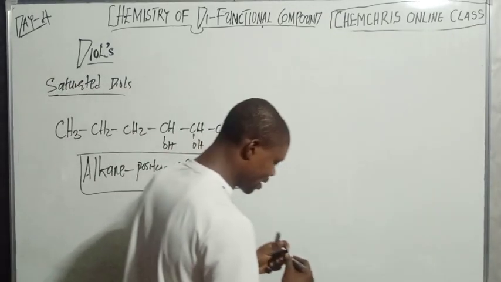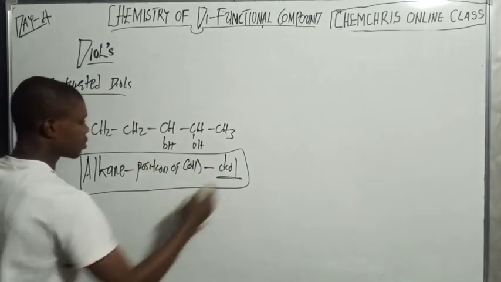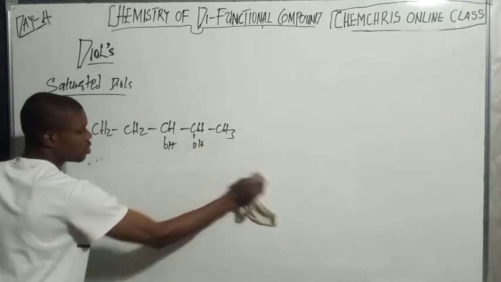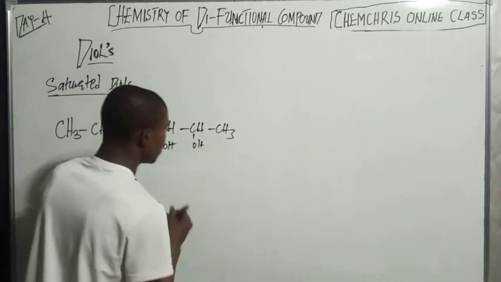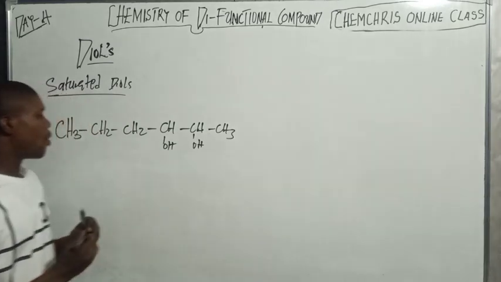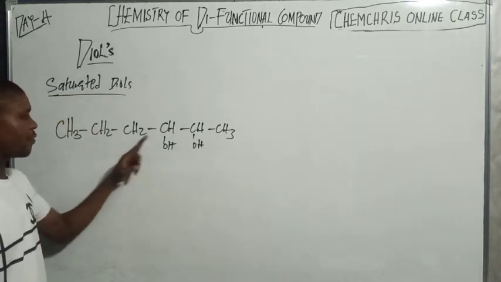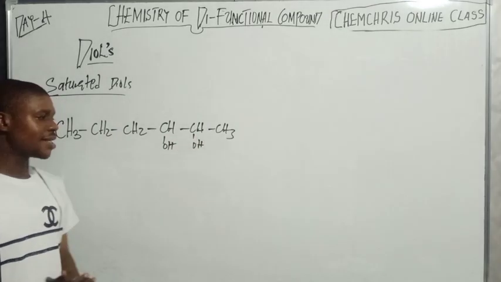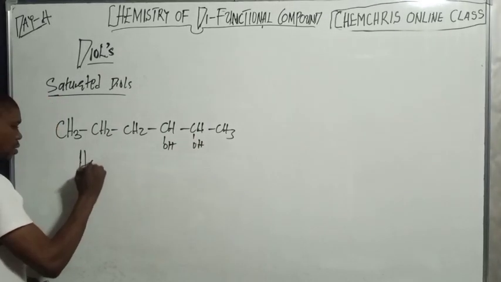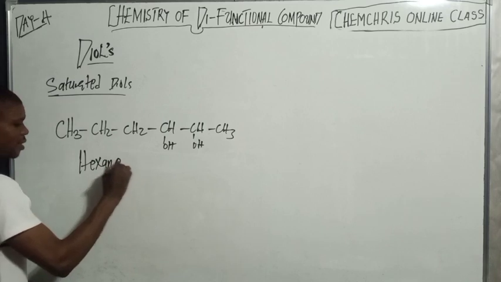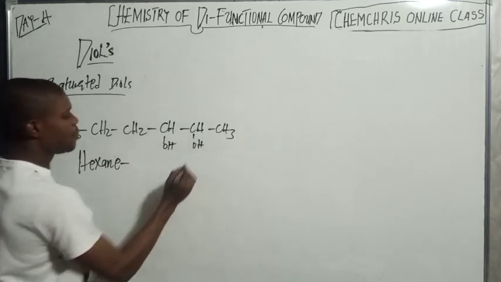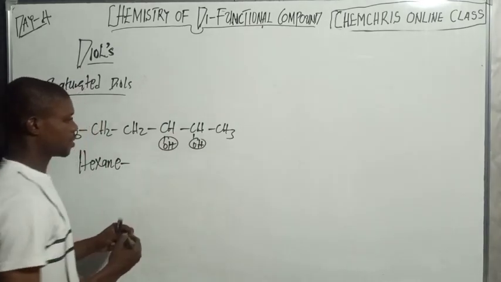If I have something like this, how many carbons do we have in the chain? 1, 2, 3, 4, 5, 6. So it's hexane. What are the positions of these two OH groups?